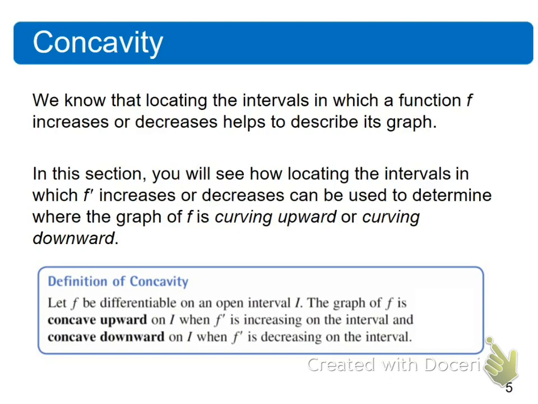The graph of f is concave up on our interval when f prime is increasing. I do want you to write that. Concave up, f prime is increasing. Concave down, f prime decreasing.